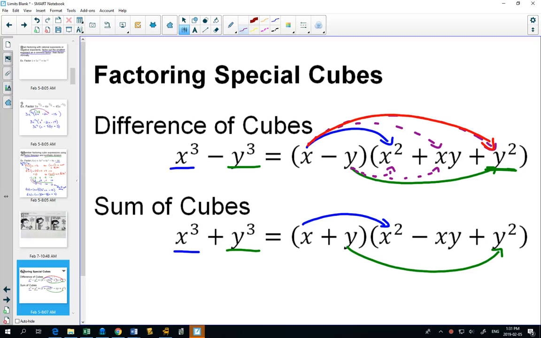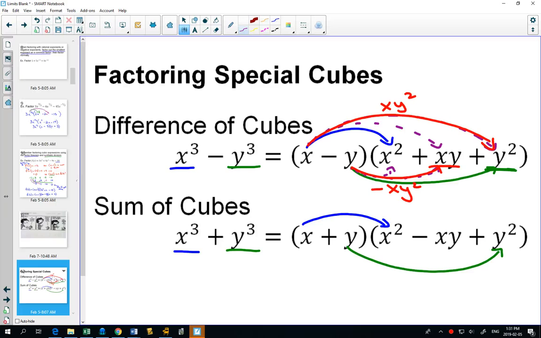I'm going to get an xy squared. That needs to go away, because what am I left with after I multiply everything out? X cubed minus y cubed. So with this y here, what would have to go there to get a negative xy squared? Well, if I'm multiplying by y, it would have to be a positive xy.